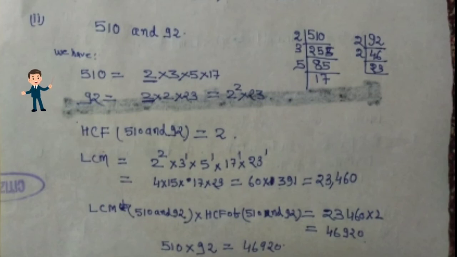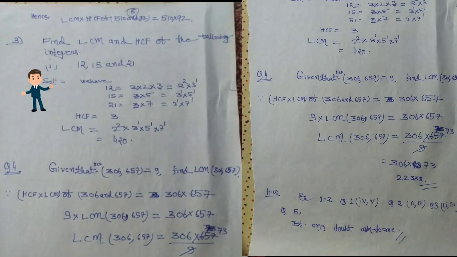Therefore, this is equal to this. Therefore, LCM into HCF of 510 and 92 is equal to 510 into 92.